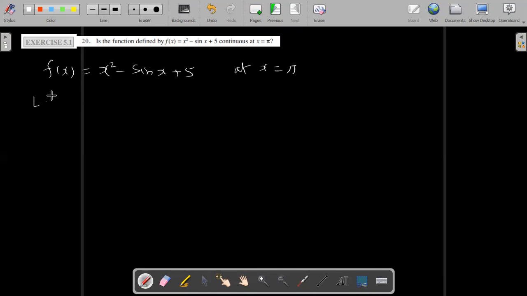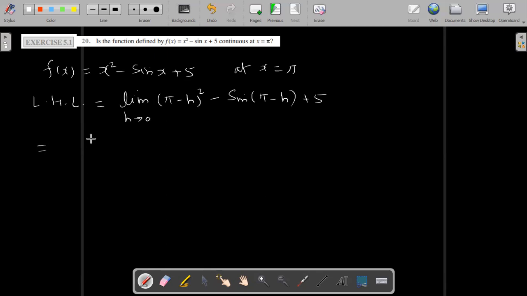Okay, so we will find first the left hand limit. So limit h tending to 0, and we have to find at pi, so pi minus h replaced, pi minus h whole square minus sine x is replaced by pi minus h. Now I am replacing directly instead of writing. Now you can do it because we have done many questions now.